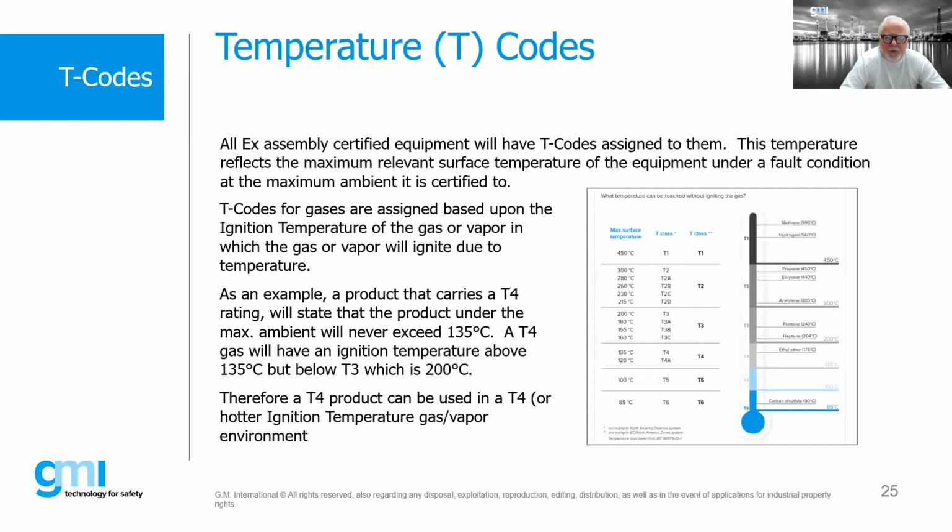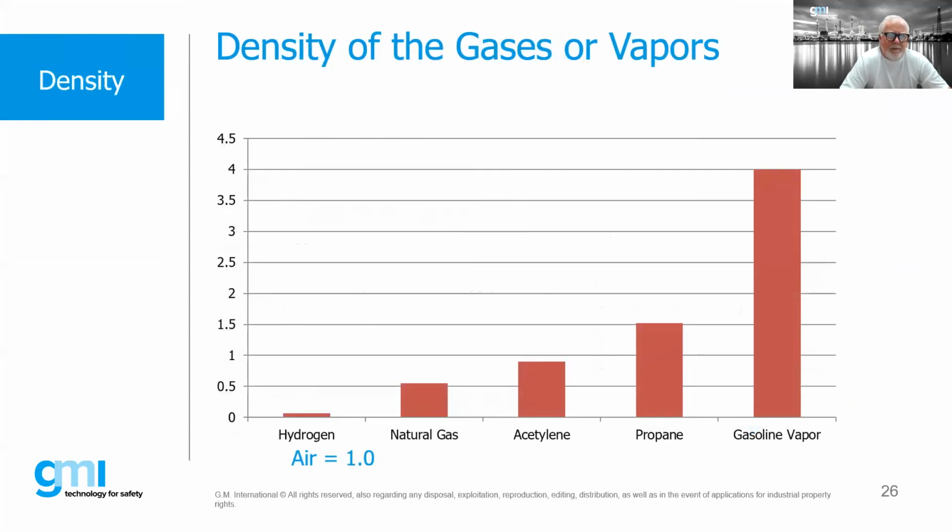So it's really important when we're selecting equipment to make sure that, number one, the product is suitable and certified for that particular ambient, and then also that we're selecting the product that has the appropriate temperature code. So keep that in mind.